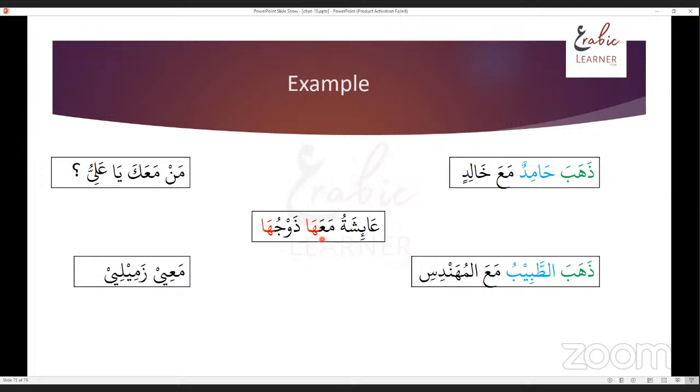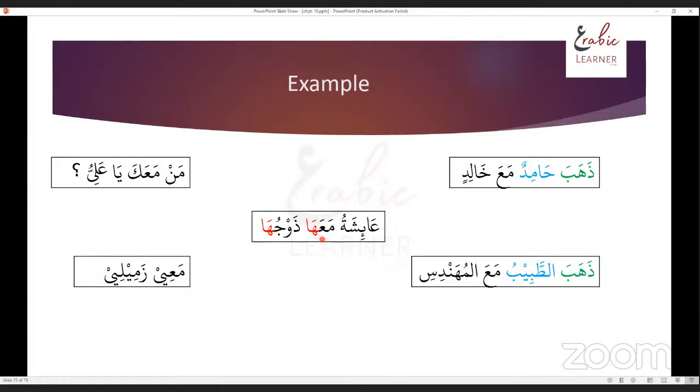Okay. Now, how many types are Mutaliq bil khabar? Sister Sana? Two types. Good. What are they? Shibu Jumla.